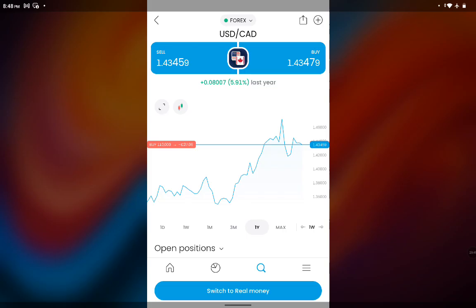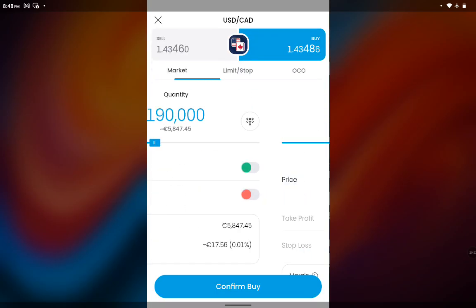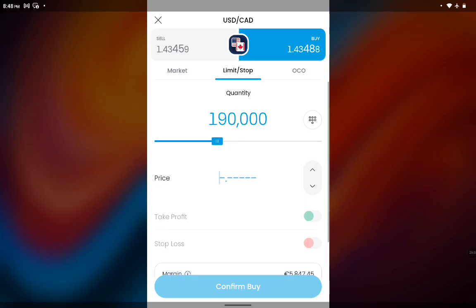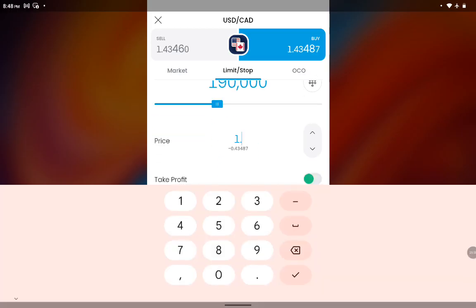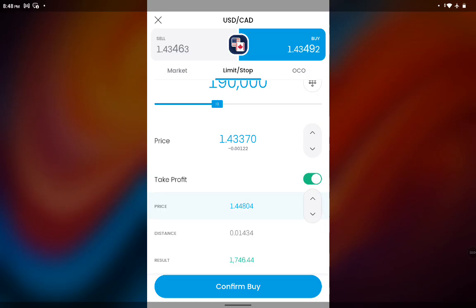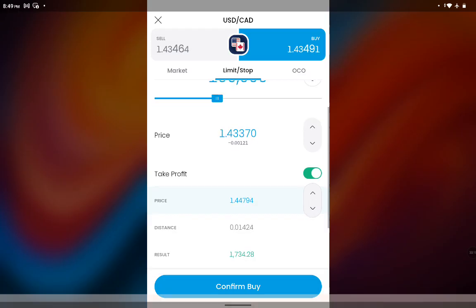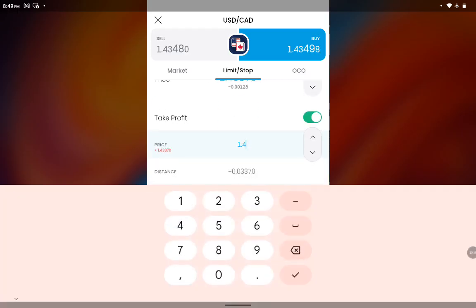So this time create a limit trade, limit order, and the price I want to be 1.4337, and take profit this time would be 1.4373. Yeah, I can get this perfect.